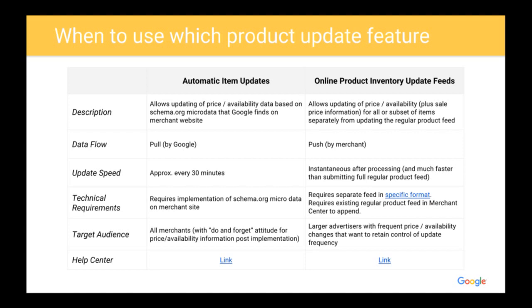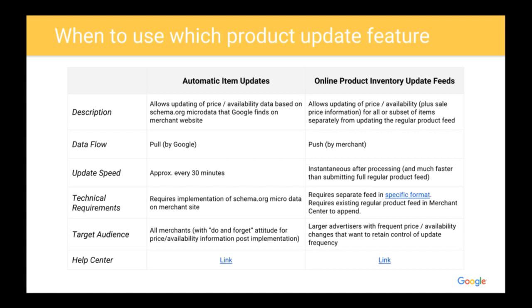Online inventory feeds, by comparison, allow updating of price and availability, plus sale price information for all or a subset of items separately from updating the regular product feed. It is pushed by the merchant, by you, so that's if you want more control over when those updates actually happen. It's instantaneous after processing, and much faster than submitting a full regular product feed.